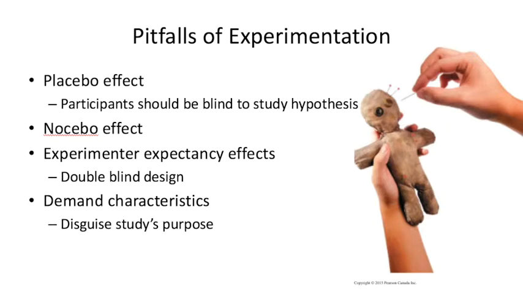There's the experimenter expectancy effect, again, which is another important pitfall of experimentation. And the experimenter expectancy effect is when, let's say, I'm the person that designed this new drug treatment for social anxiety.